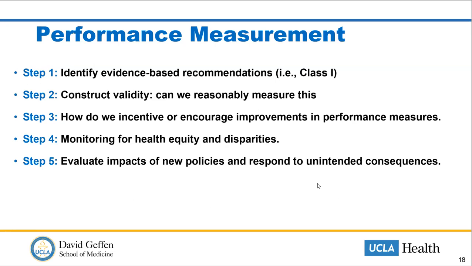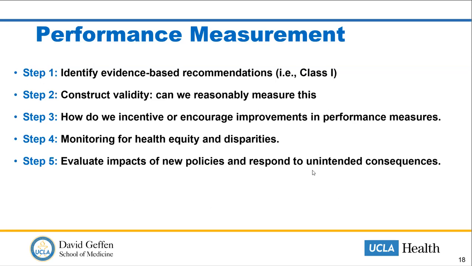Can we reasonably measure this? After that, you want to think about how you can incentivize or encourage improvements in the performance measures. Step 4, I think, is important: without accounting for health equity and disparities, you might be disadvantaging or hurting people by creating a performance measure. There can be adverse consequences to that.